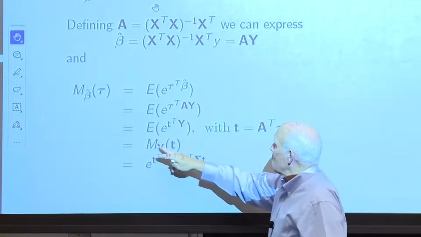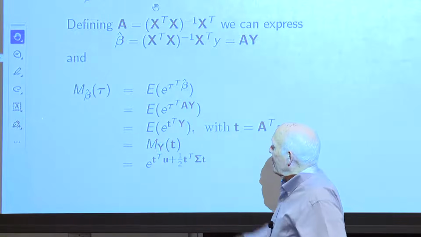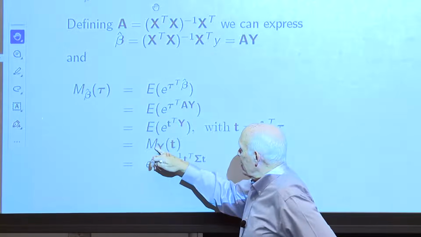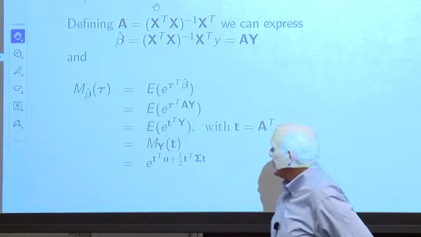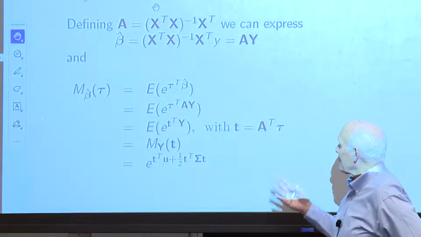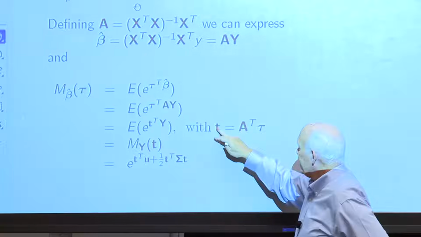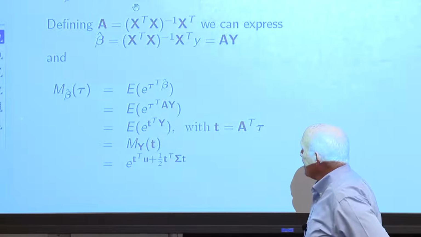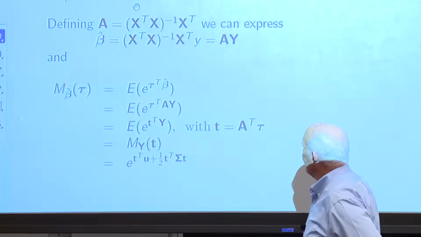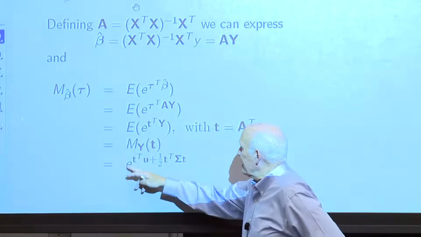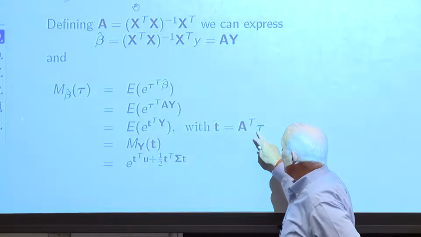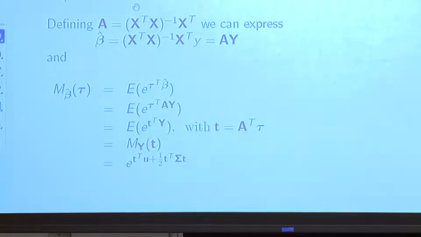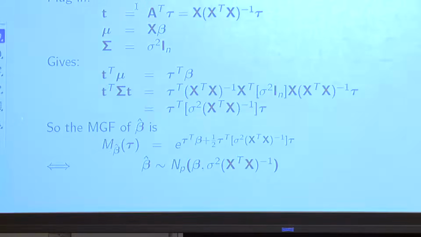So this moment generating function of the least squares estimate beta hat is actually the value of the moment generating function of the multinormal vector evaluated at t equal to A transpose tau. And so we can simply plug in this value of t and get our result.